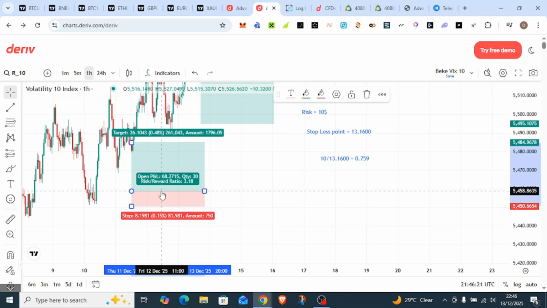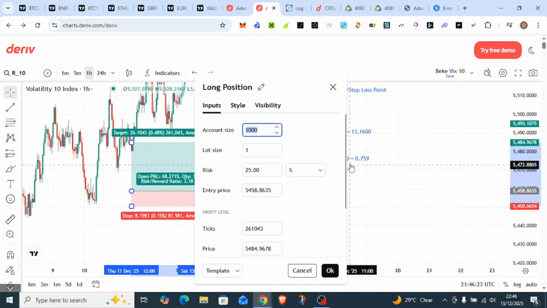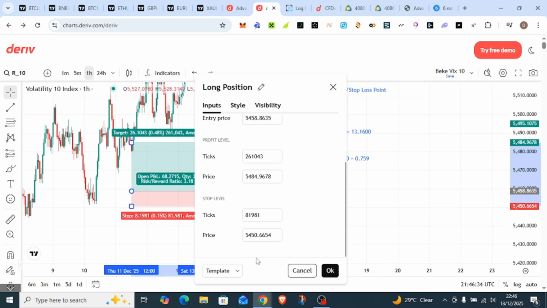What we do now is to subtract the stop loss price, 5450.6654, from the entry price, which is 5458.8635, and it's going to give us exactly 8.1981.